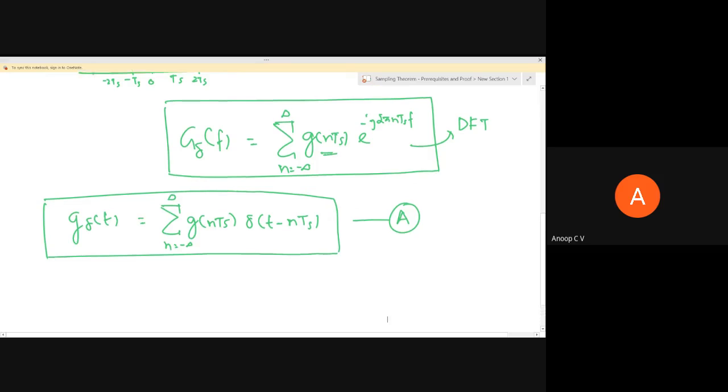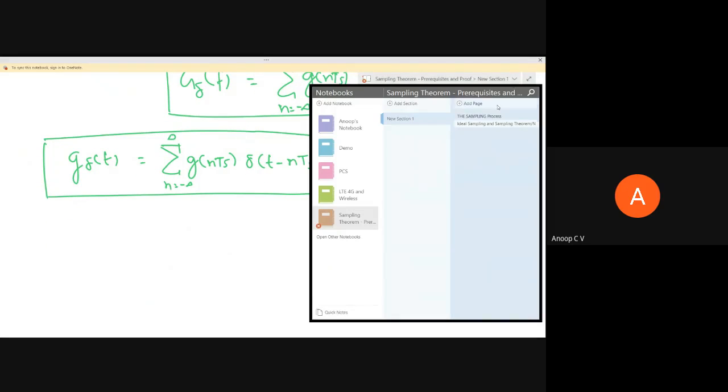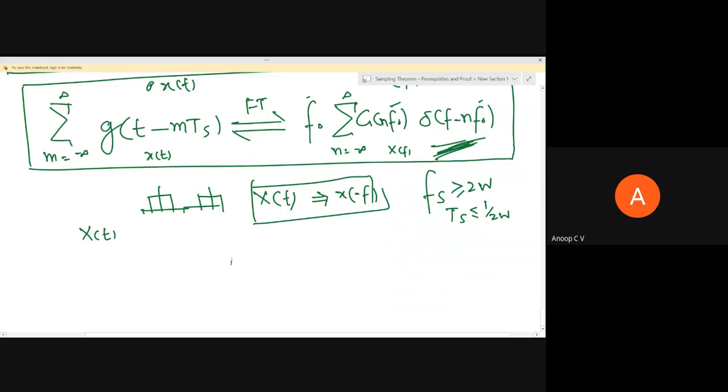Now we'll recollect what we saw in the last class about the sampling process. If x of t is this entire left hand side, its Fourier transform is x of f.